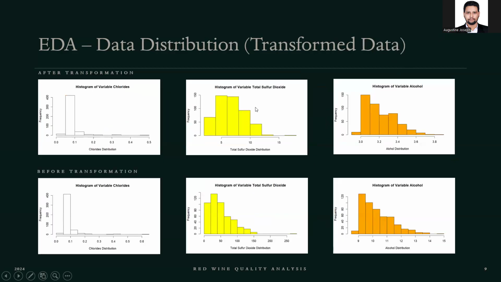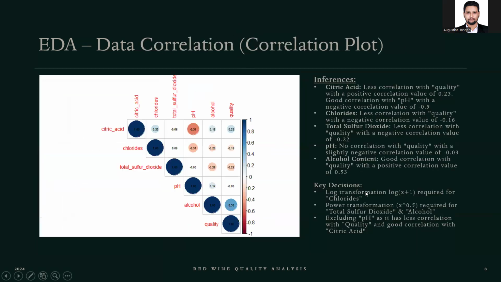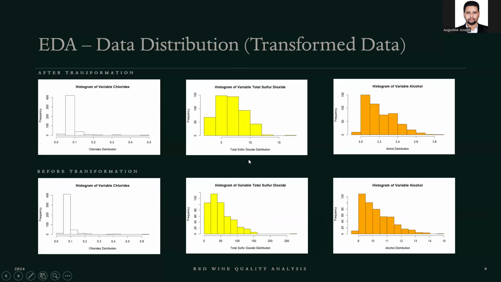Now, let's transform this data. We need to do a log transformation for chlorides, power transformation for sulfur and alcohol, and we exclude the pH level. So this is the distribution after transformation, and below you see before transformation.